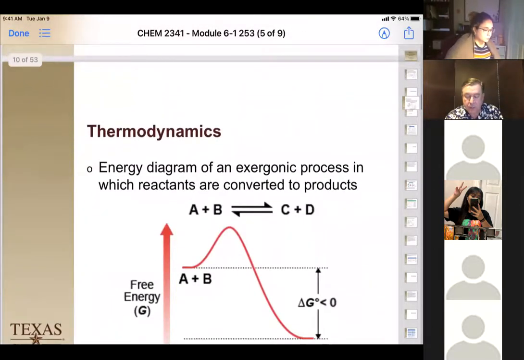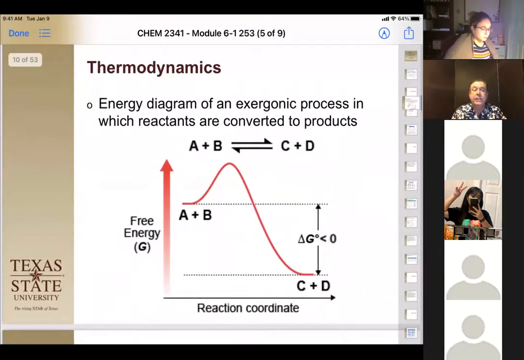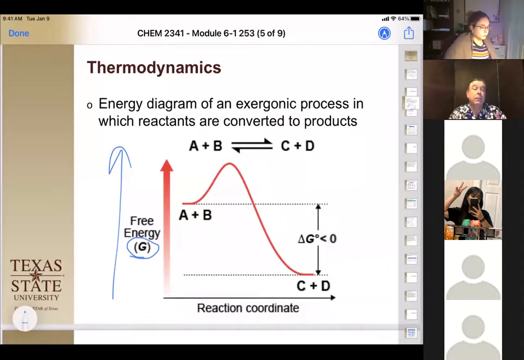In an energy diagram, it tells us a lot about the reaction in a visual sense. On the y-axis here, we have the free energy. In this case, we're showing the Gibbs free energy. It could also be potential energy or enthalpy, the potential energy of our system. Then we have a reaction coordinate.